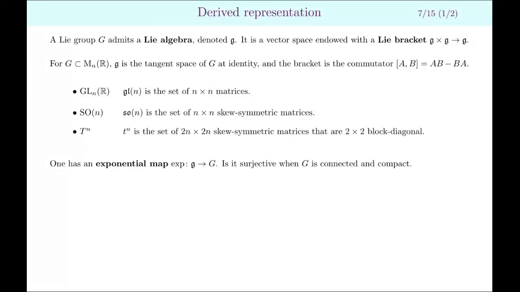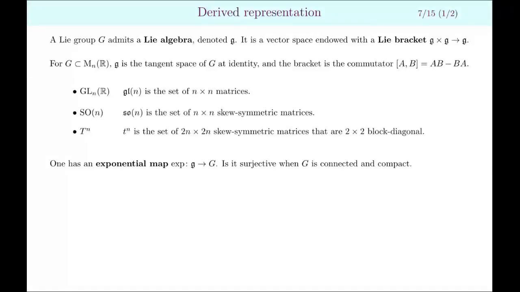All right. With the Lie algebra comes an exponential map that goes from the Lie algebra to the group. And for today, it will be a surjective map. This notion is very close to the idea of the Riemannian exponential map, if you prefer. All right.